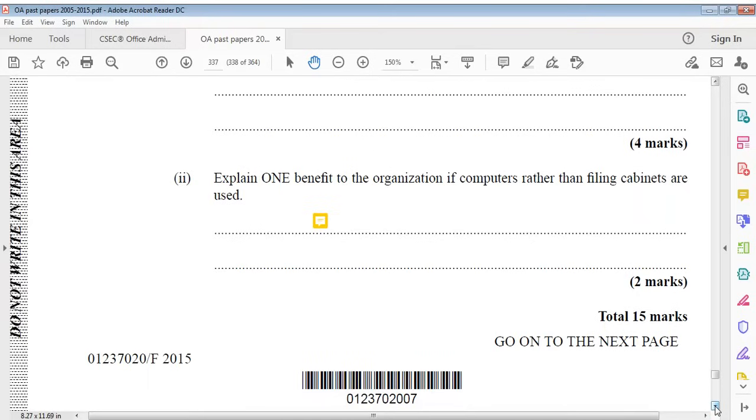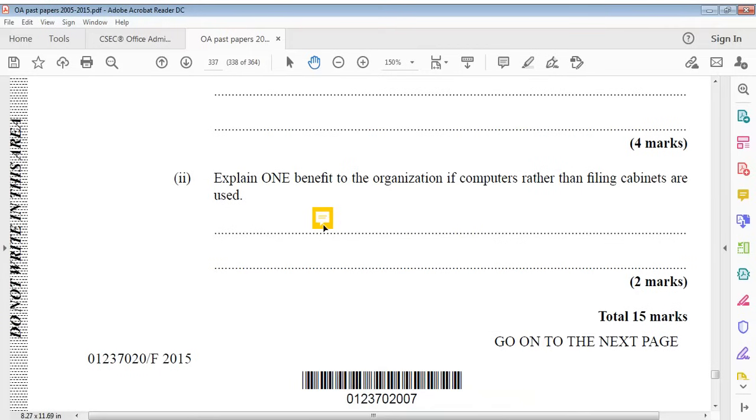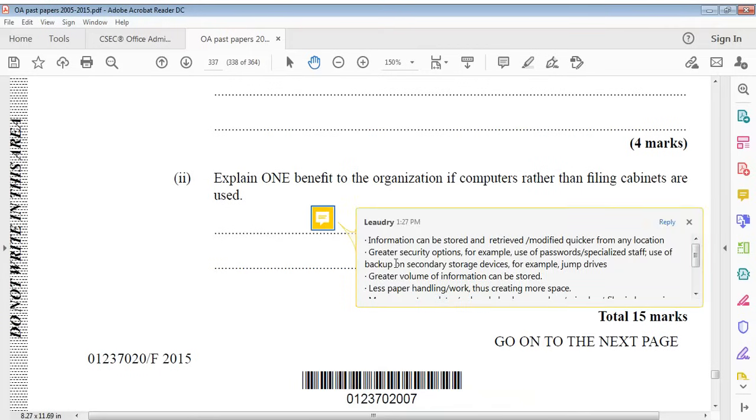Number 2, no, 2B2. Explain one benefit to the organization if computers rather than filing cabinets are used. So we're going to explain one benefit of using a computer rather than a filing cabinet. All right. So what's one benefit?